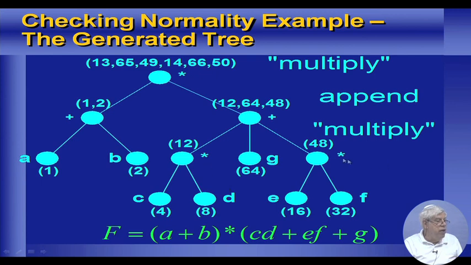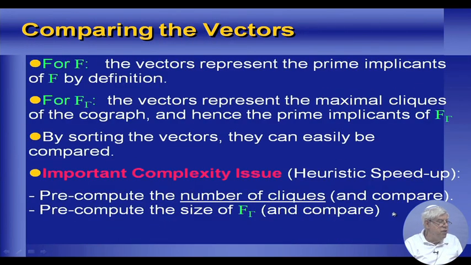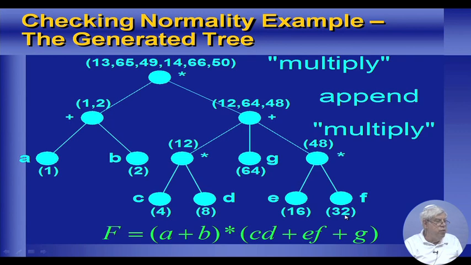On the other hand, if I take over here on the right, let's say, the join of a single vertex E and a single vertex F, I get an edge EF, that is a single clique, and I'm listed here as the single clique 48. Why 48? Because this was 16, this was 32, meaning bit number 5 and bit number 6 are lit.